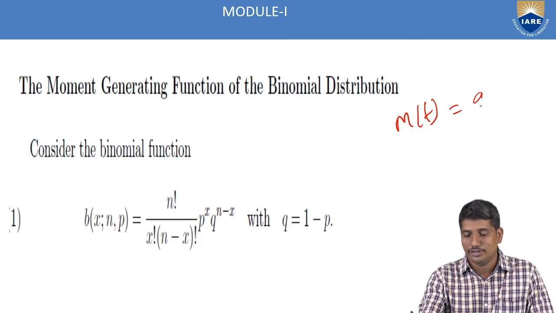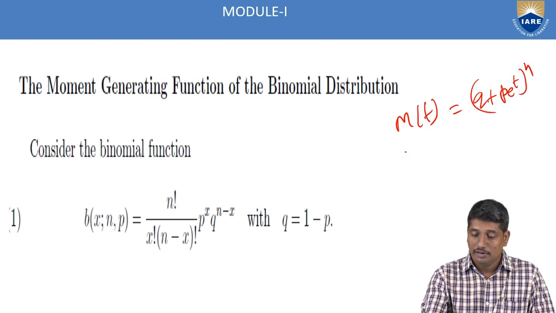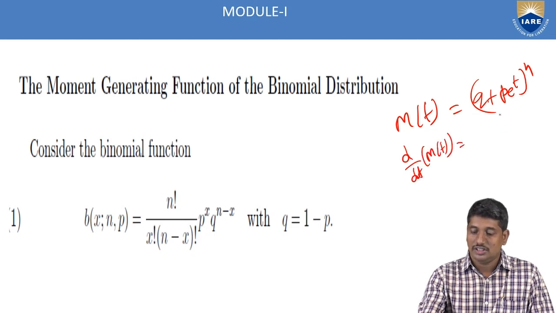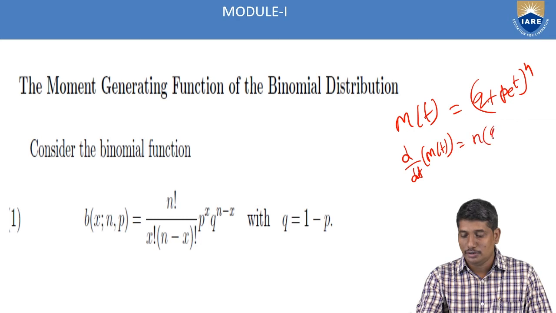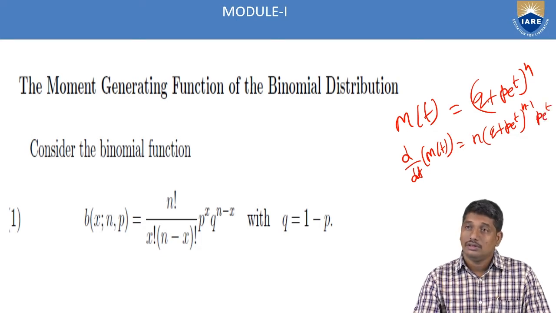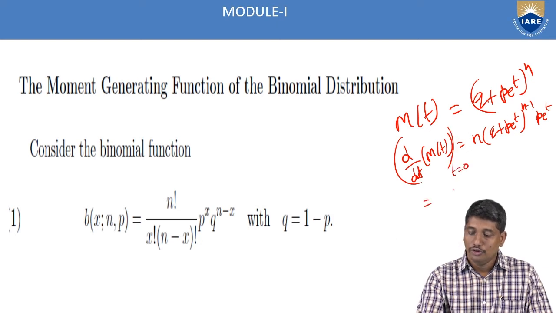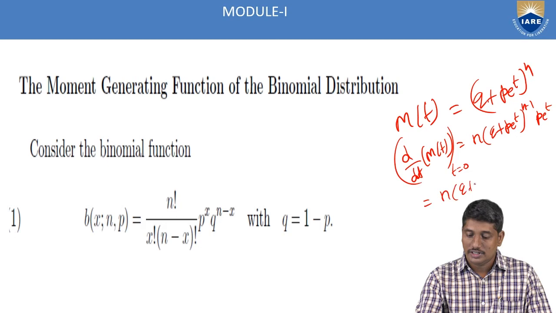The moment generating function is (q + p e^t)^n. Its derivative with respect to t, d/dt of M(t), by the chain rule is n (q + p e^t)^(n-1) times the inside derivative p e^t. Now if you substitute t equal to 0, you get n (q + p)^(n-1) p.